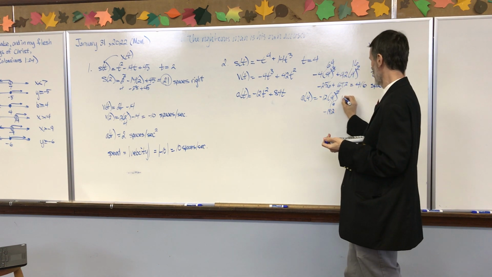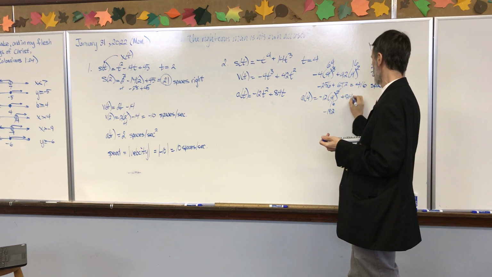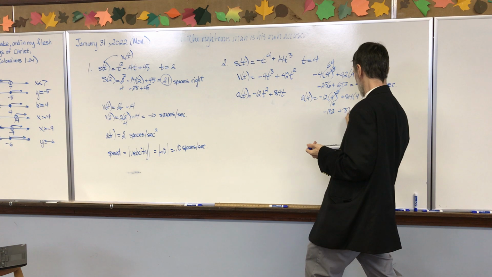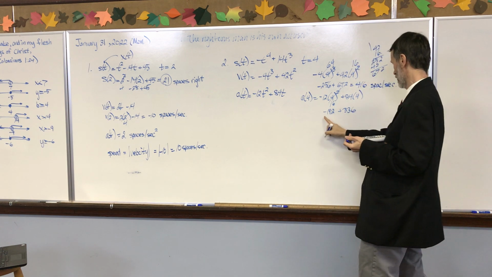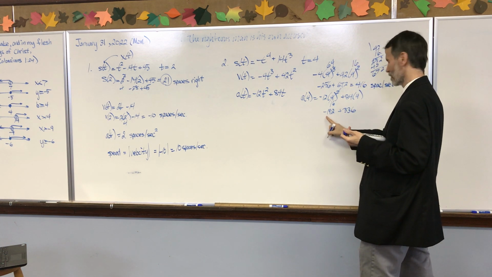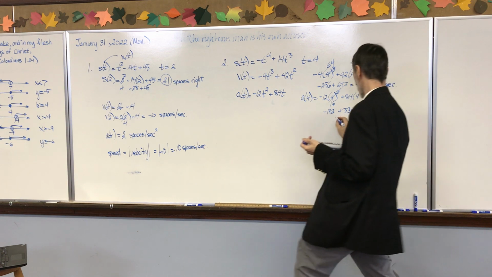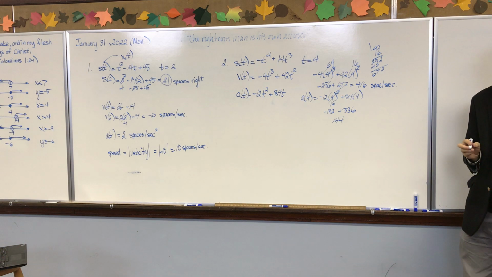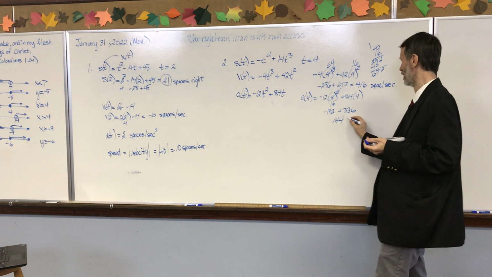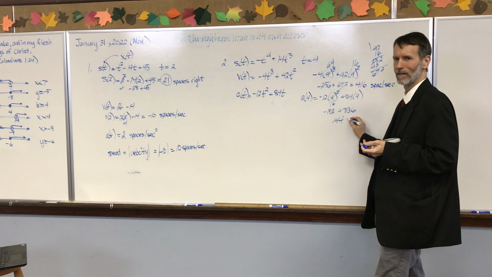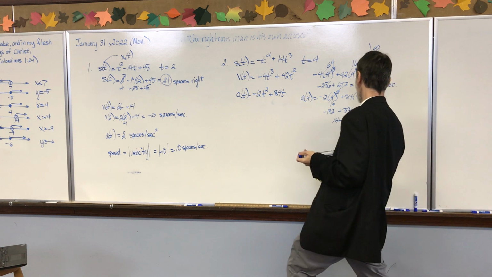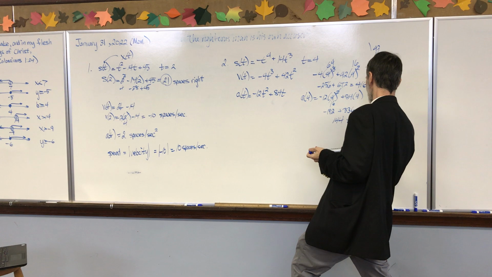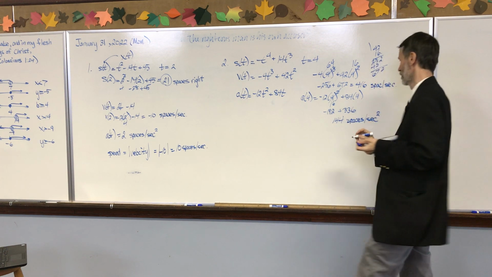And then plus 84 times 4, 336. Negative 192 plus 336 is 144. 144 what? Spaces per second squared. Spaces per second per second. Does that make sense?